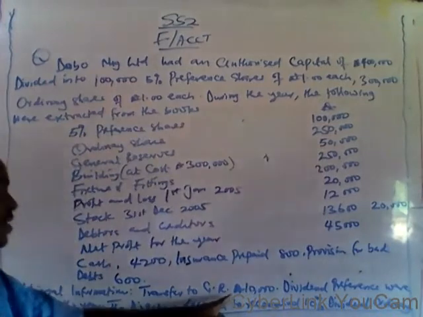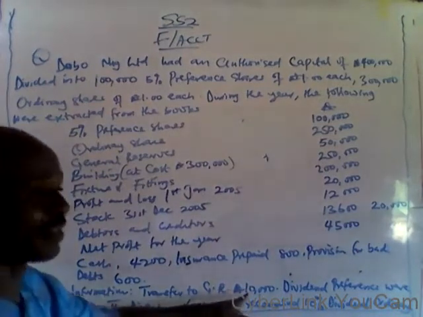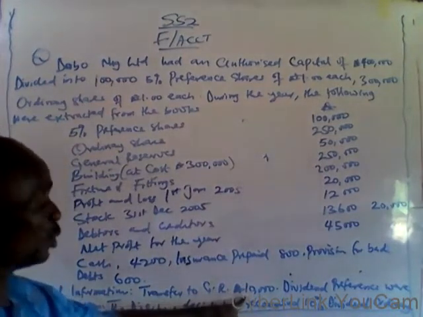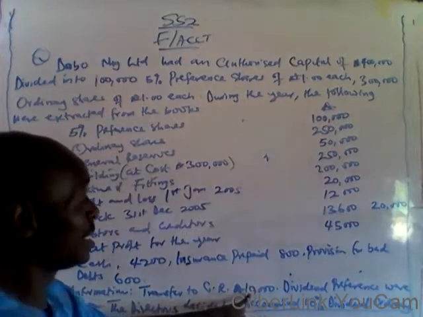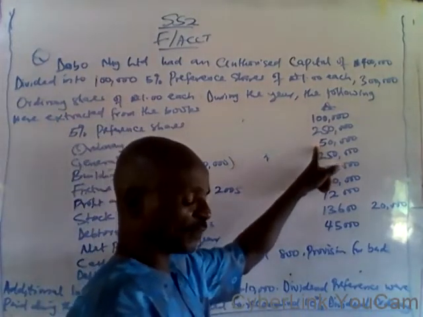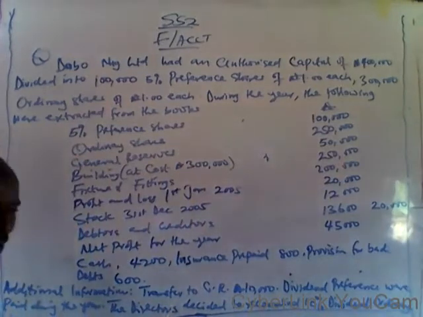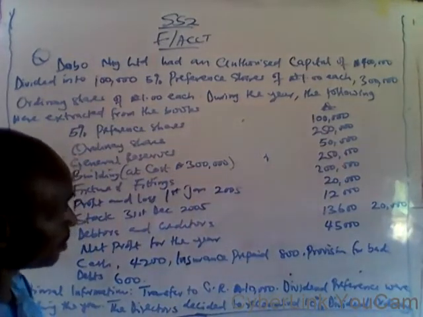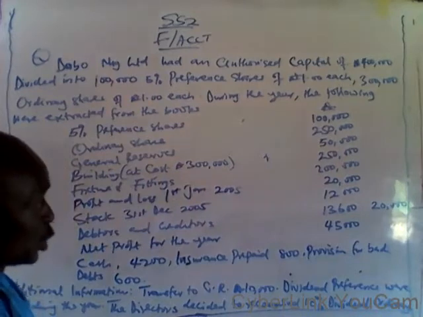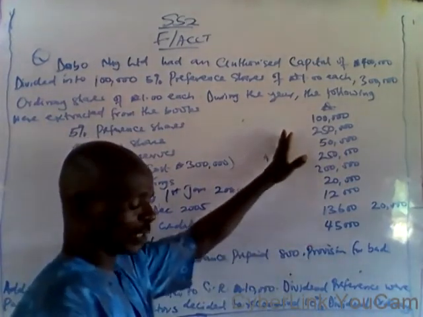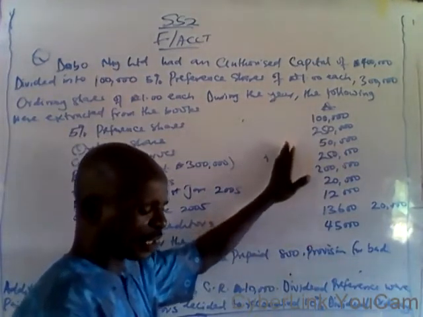If a transfer to general reserve is given in the additional information, you add the two together, 10,000 with 50,000 naira, and that gives us 60,000 naira. You write the 60,000 naira under the 350,000 naira.